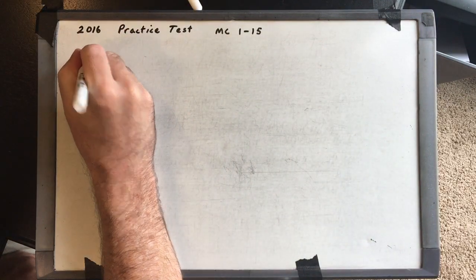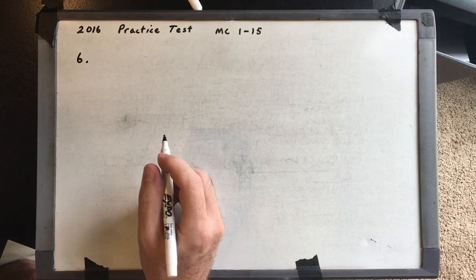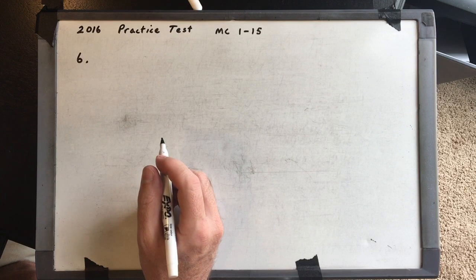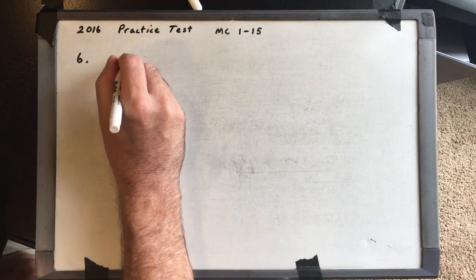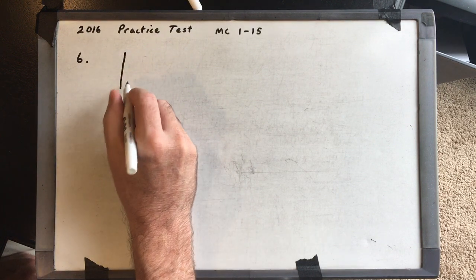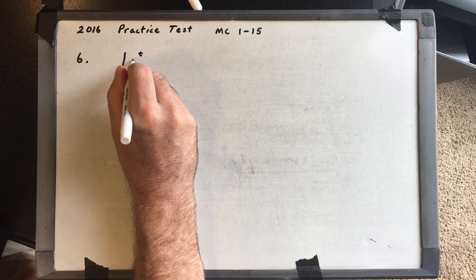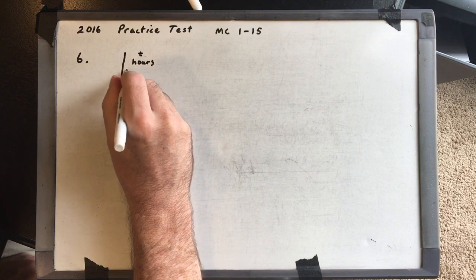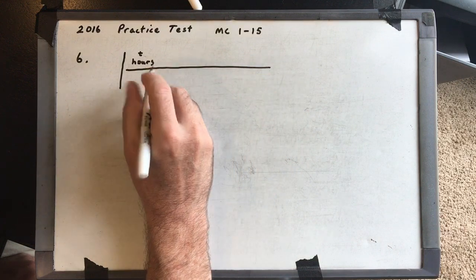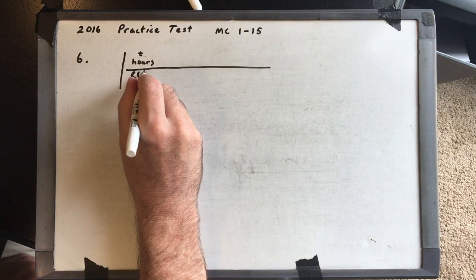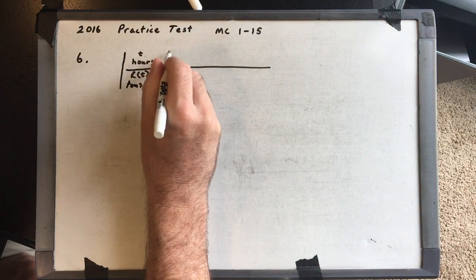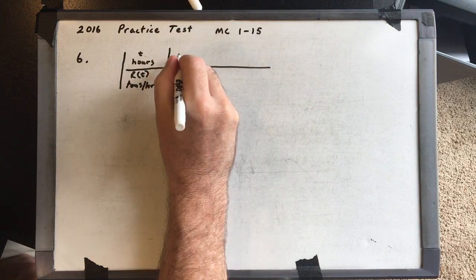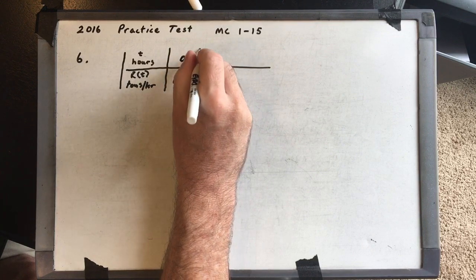All right, number 6 is asking us to approximate the number of tons deposited at a recycling center using the trapezoidal sum. So don't get scared off by trapezoidal. It's really easy. I'm going to take the time to reproduce the table here.